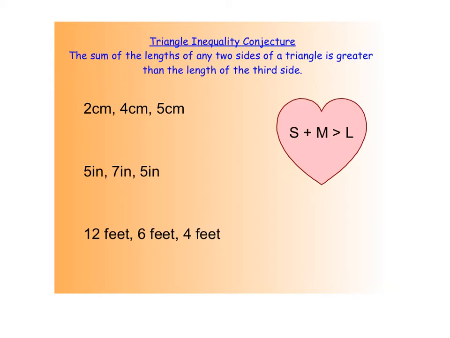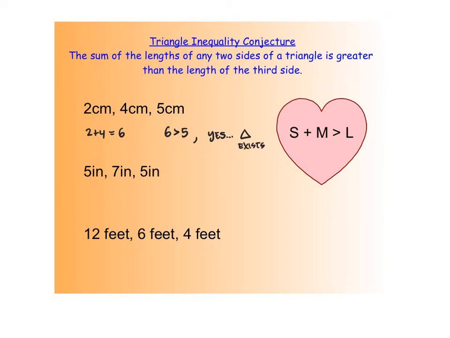Specifically in this case, I'm going to take the 2 shorter sides, add them up, and see if they're longer than that longest third side in their sum. So I take 2 and 4, add them together, I get 6. So question is 6 greater than 5? Yes, it is. Okay, therefore, a triangle exists.